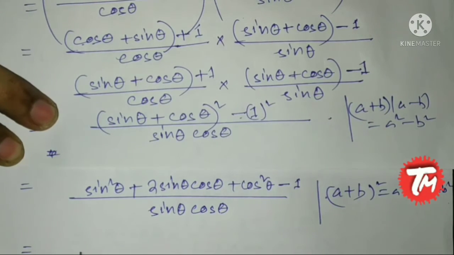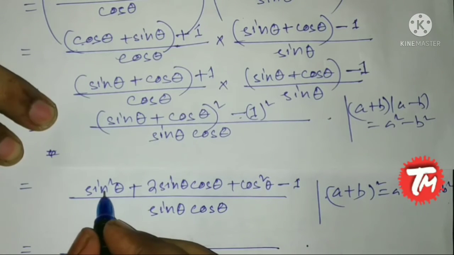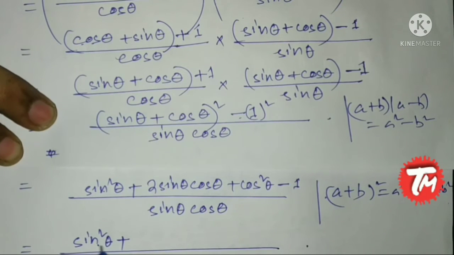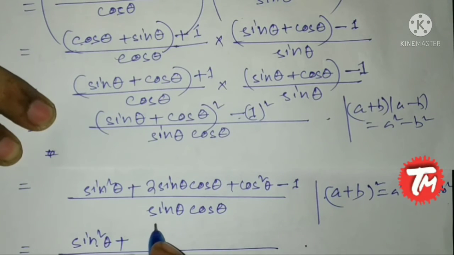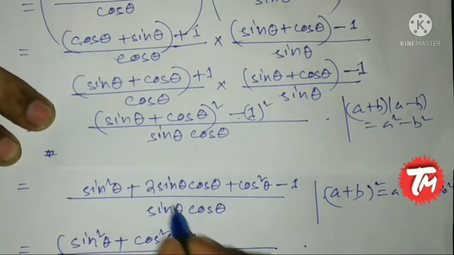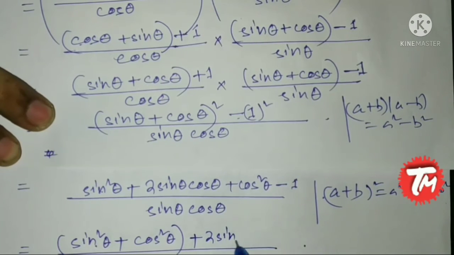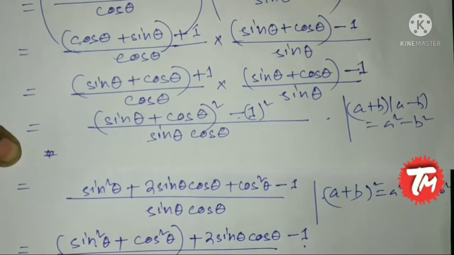So now we can write here sin square theta plus cos square theta, plus twice sin theta cos theta minus 1, divided by sin theta cos theta.